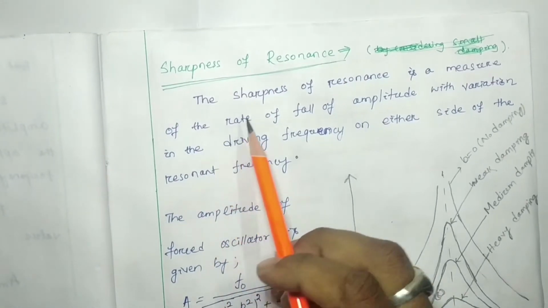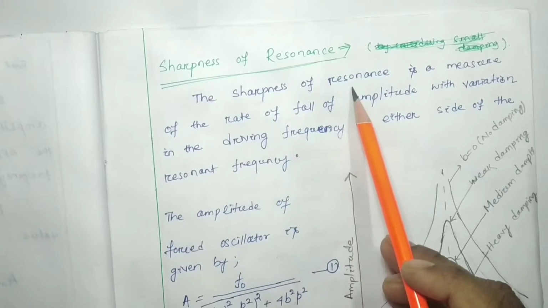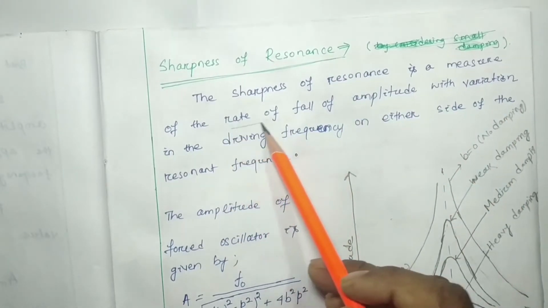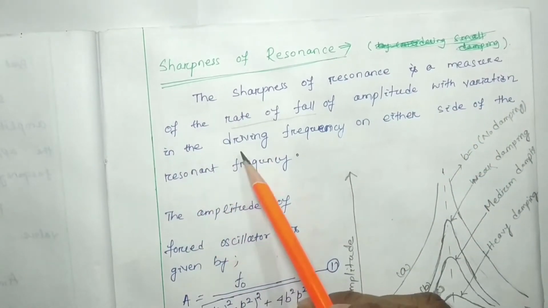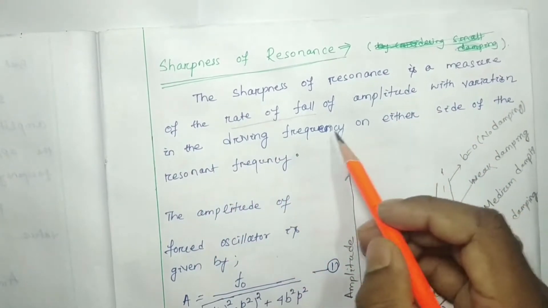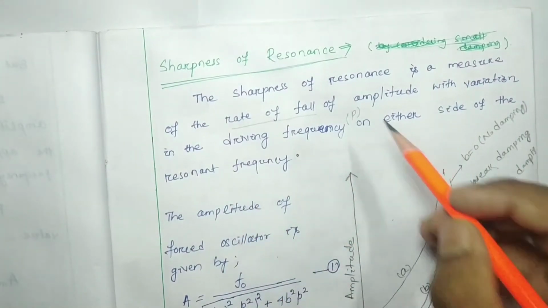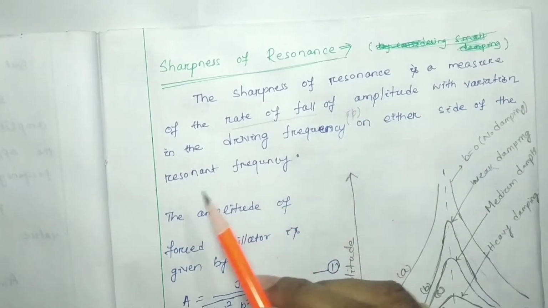Here it can be defined like this: the sharpness of resonance is a measure of the rate of fall of amplitude with the variation in the driving frequency. Driving frequency means p, the variation of driving frequency p on either side of the resonant frequency.